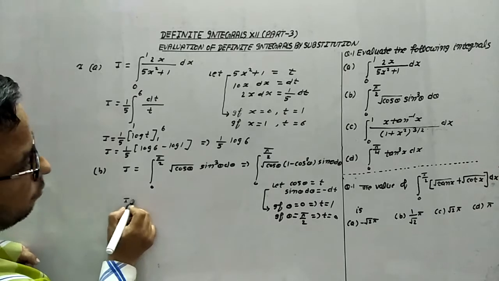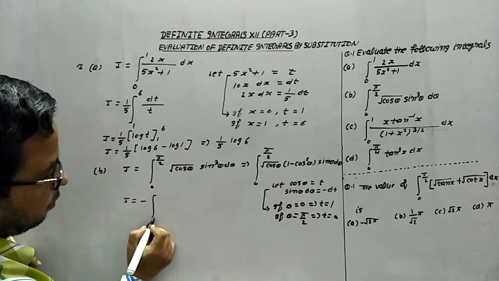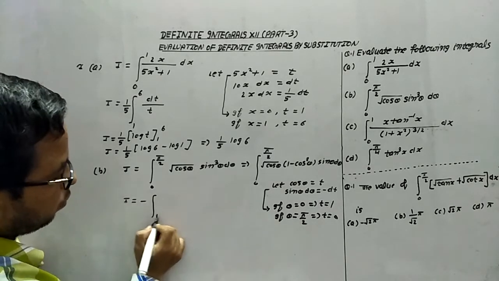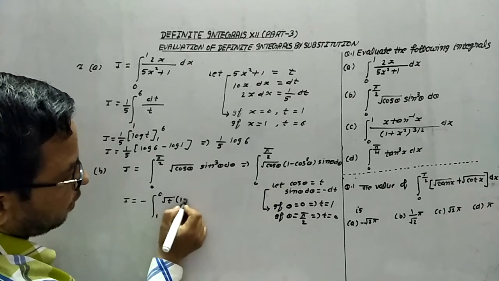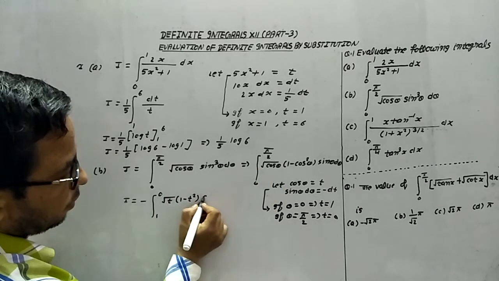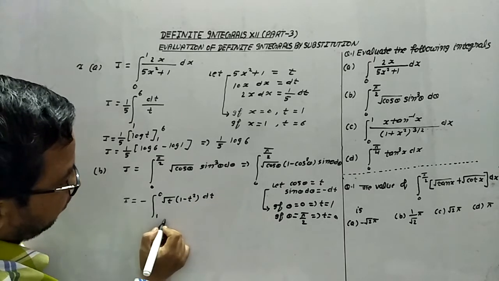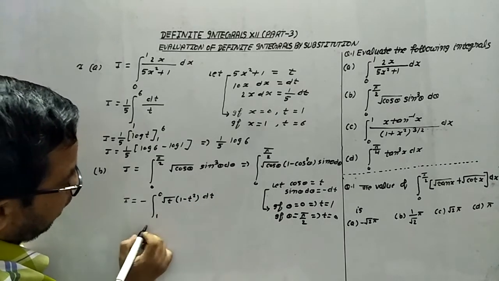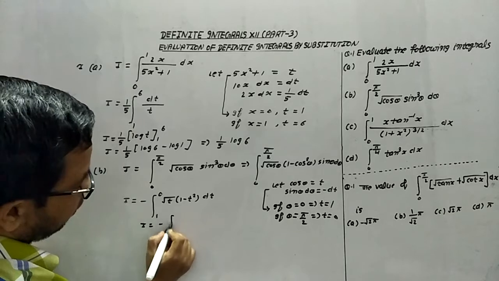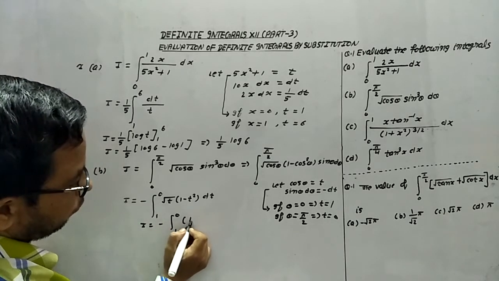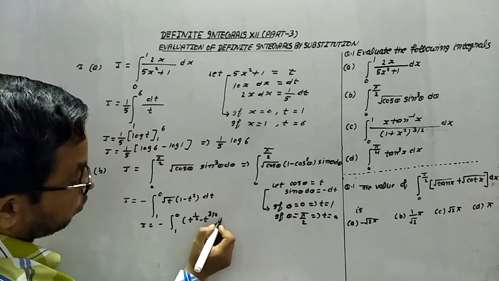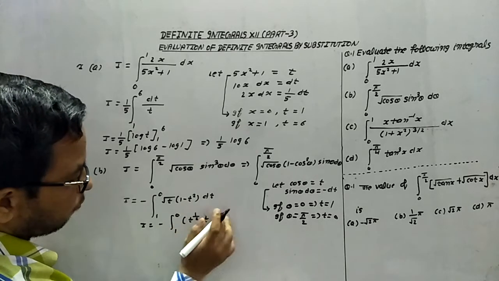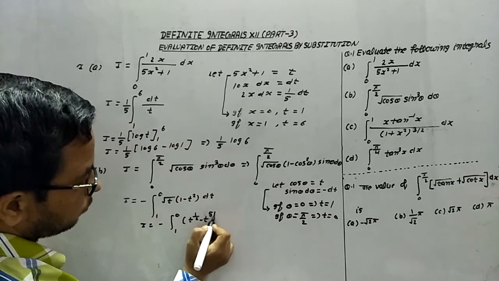It means I is equal to minus the integral with limits 1 to 0 of root t times 1 minus t square dt. Therefore I is equal to minus the integral from 1 to 0 of t raised to power half minus t raised to power 5 by 2 dt, since 1 half plus 2 is 5 by 2.